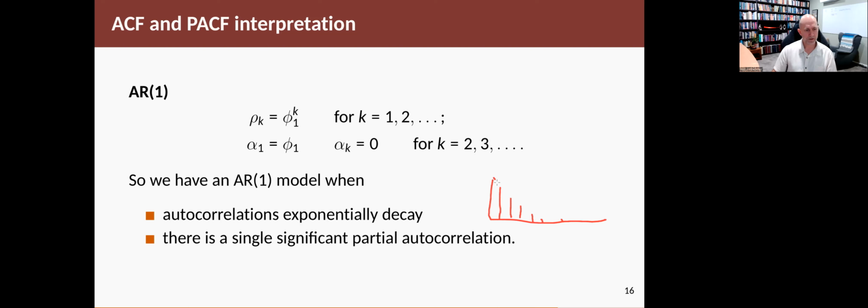And on the PACF side, because it's an AR1 model, you should just get one significant spike at lag 1 and then 0 for everything else. They might be negative or positive, but there's one significant spike. So that's typical of an AR1 process. And algebraically, you can write the autocorrelation function like that, and the partial autocorrelation function like that.